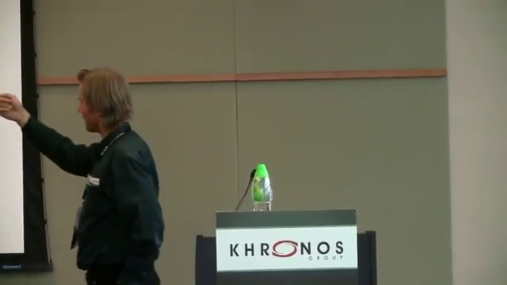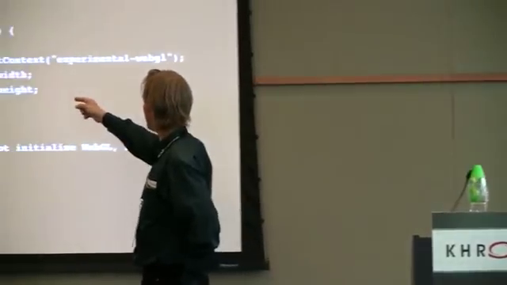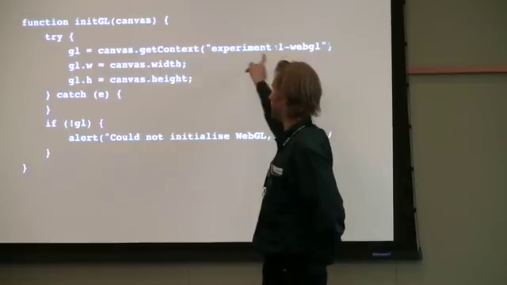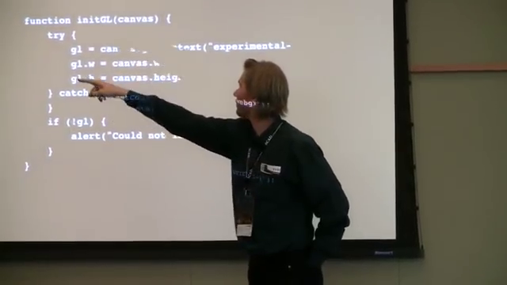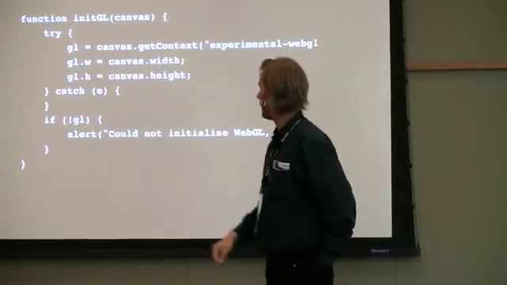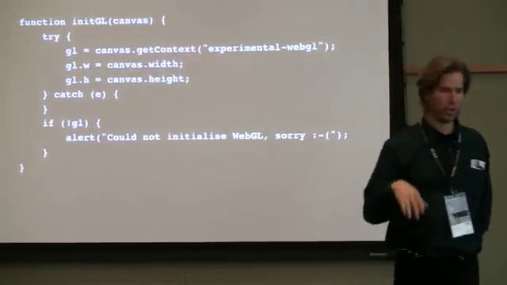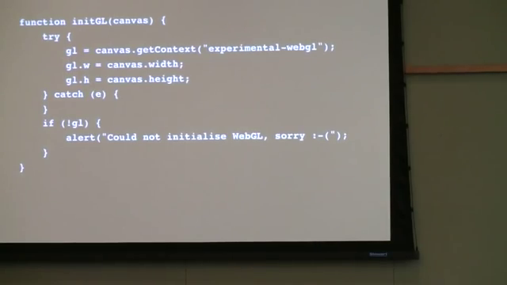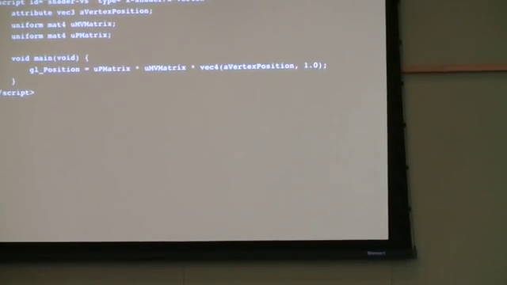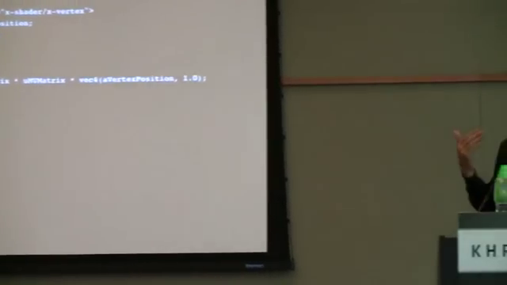One of those functions that was a little bit higher than webGLStart was this initGL. It takes this canvas as input. From the canvas we can get the OpenGL context or the WebGL context, which we store into a global variable, and we just store the width and height, a little bit of error checking and exit. Then we have the vertex shader and fragment shader.